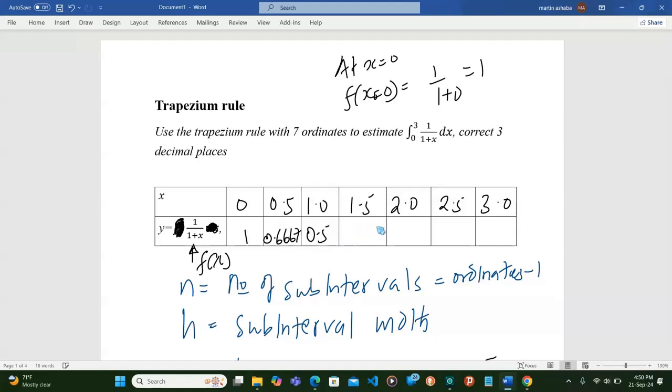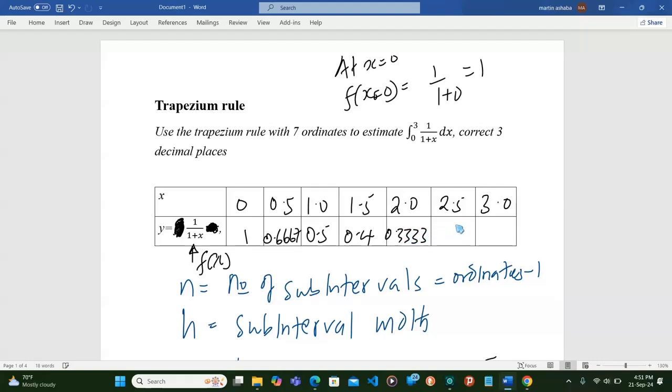What if I have x is equal to 1.5? That is 1 divided by 2.5, and that is 0.4. Then what if x is equal to 2? No, it is 1 divided by 1 plus 2, that is 1 out of 3, and that is 0.333 recurring.